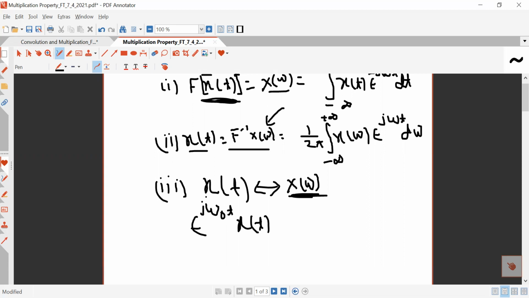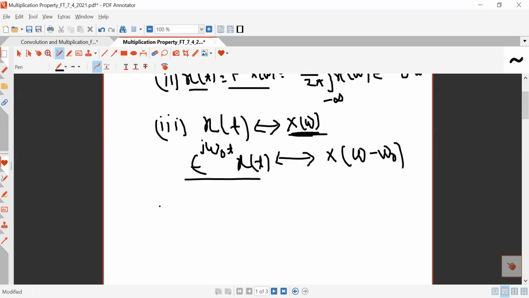The Fourier transform of e to the power j omega naught t xt will shift the transform by an amount omega naught in the right direction. So this property is called the frequency shifting property.